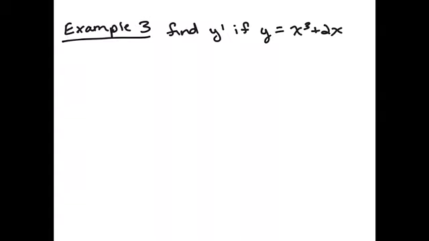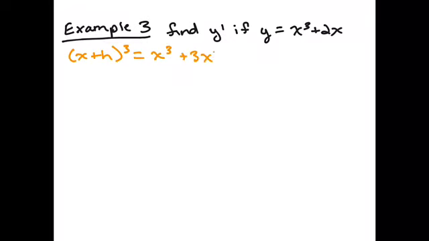Okay, so we are going to have to multiply out the x plus h 3 times here. And that gives me x cubed plus 3x squared h plus 3x h squared plus h cubed.